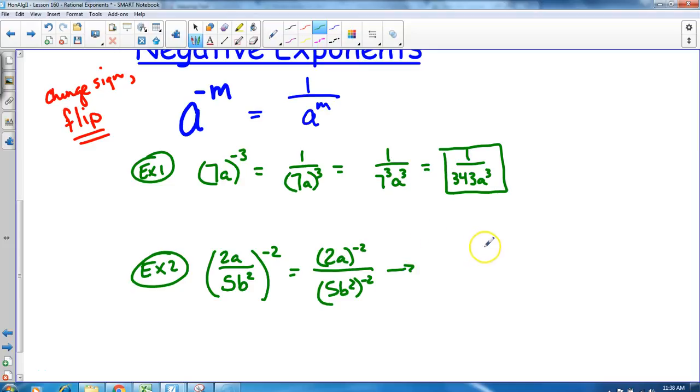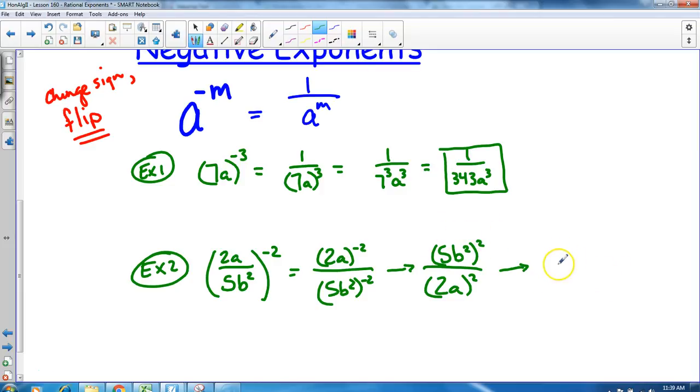So this goes down to the denominator, so this becomes 2a squared. This flips up to the numerator, so we get 5b squared squared. And notice again, I changed my exponents, made them positive. So we flipped, made them positive, and now I just need to simplify.